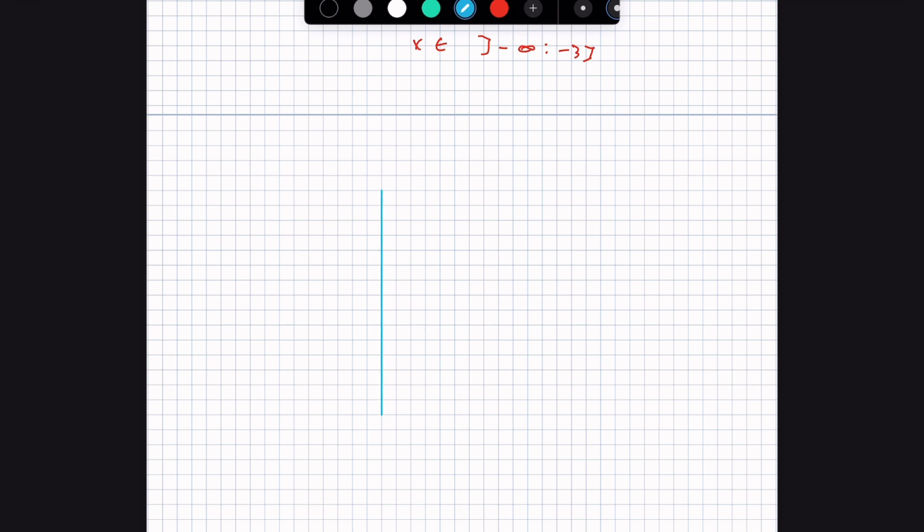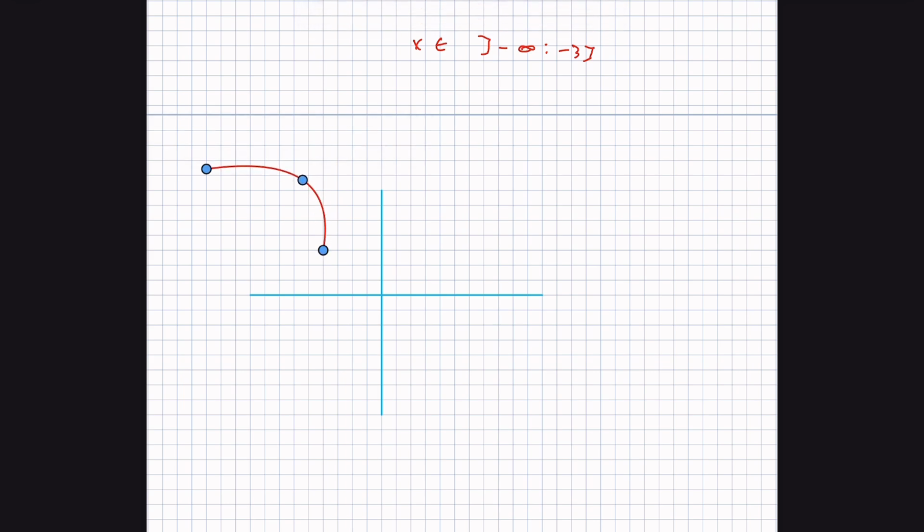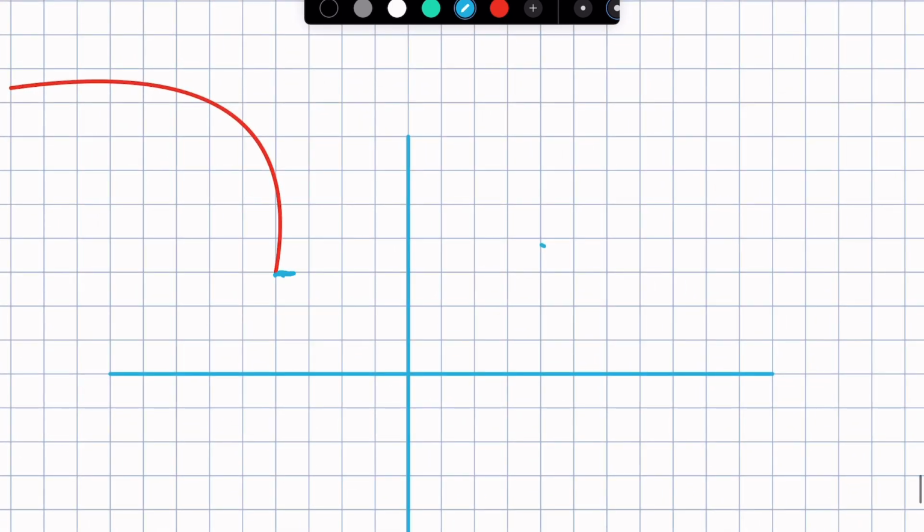So here, the racine carrée is this, okay? And the domaine de restriction or domaine here, it's at the x is -3, so -3, okay?